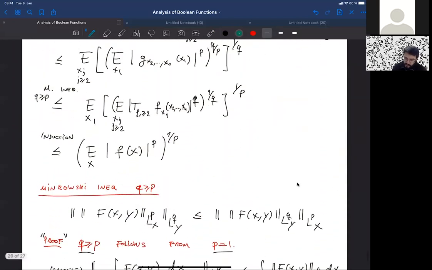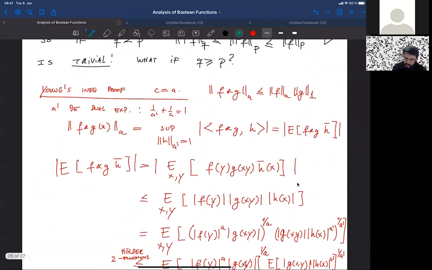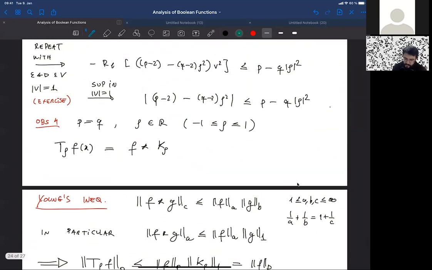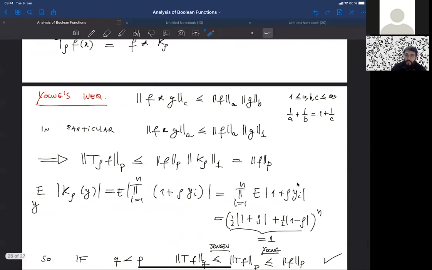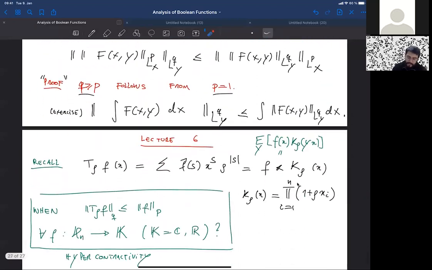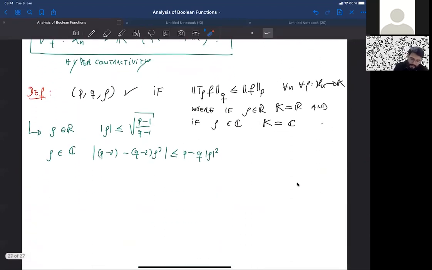Let me just take a look, because I forgot exactly. Yes, that's it here. That's what we want. Then we saw that these two conditions must be satisfied. And the goal is to show that these two conditions are enough. They are not only necessary, but they are sufficient. That's the goal of hypercontractivity.